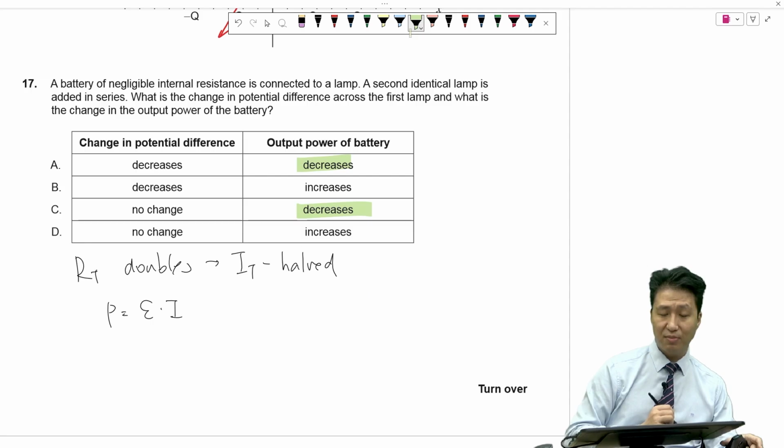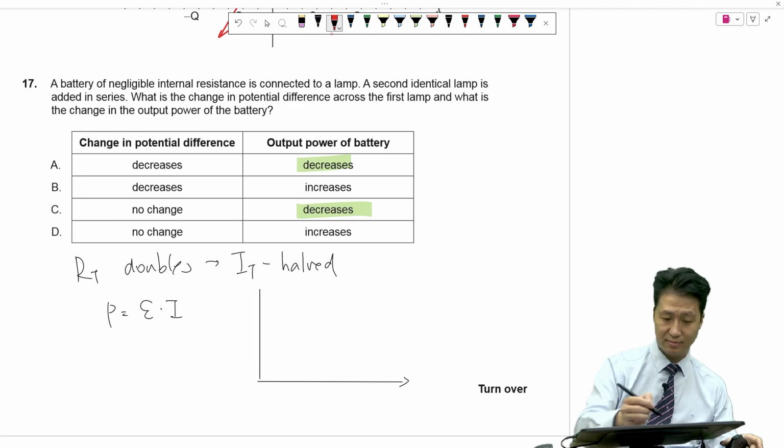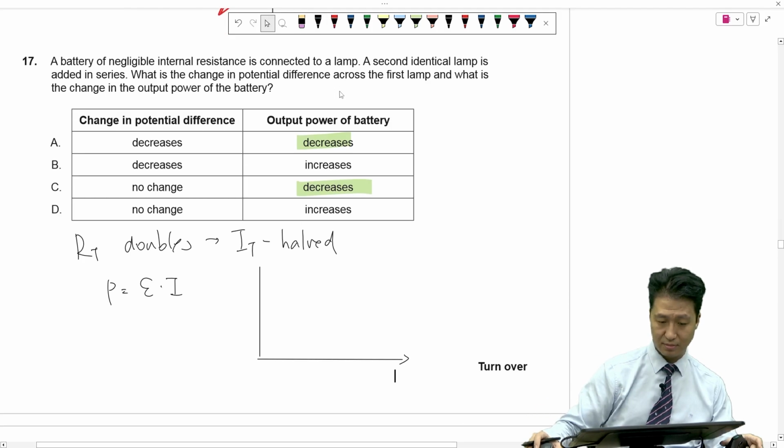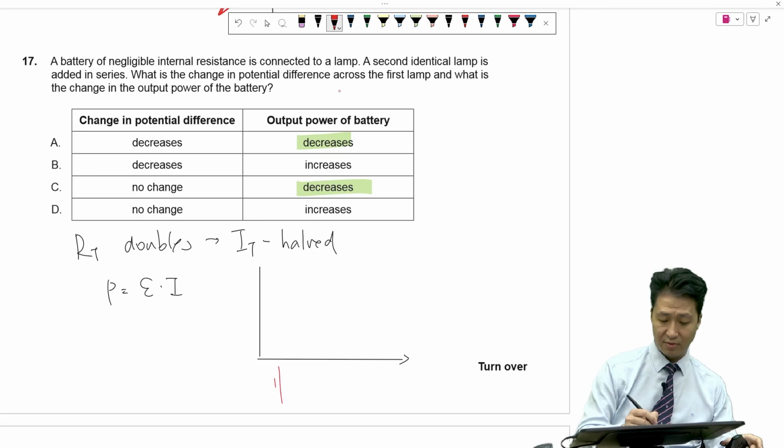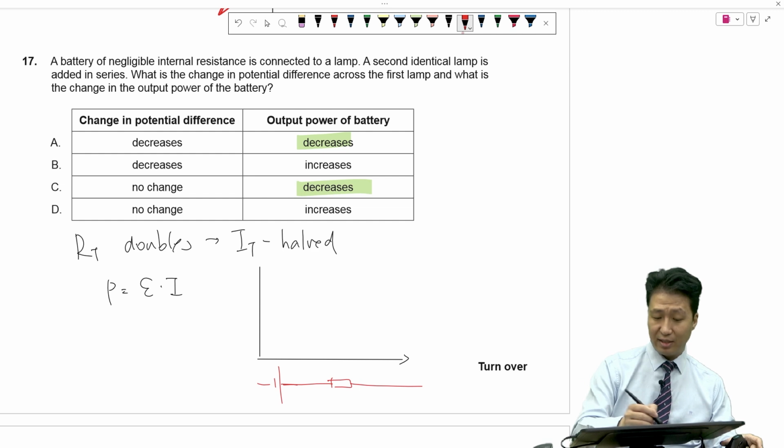What about the change in the potential difference of the first lamp? Well, let's draw the voltage graph for the circuit. So we have the battery here, we have the first lamp. Actually, let's put it a little bit more separated. So what happens if the lamp is by itself?